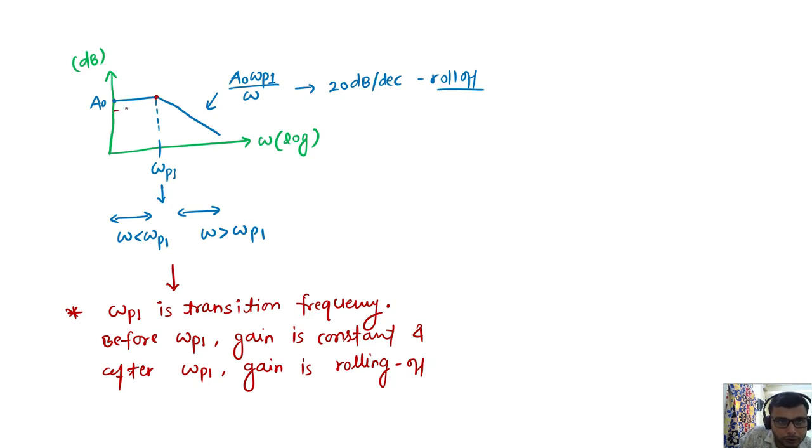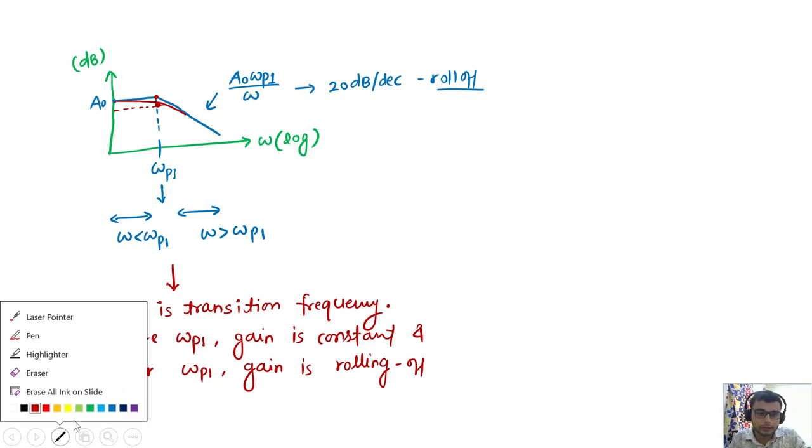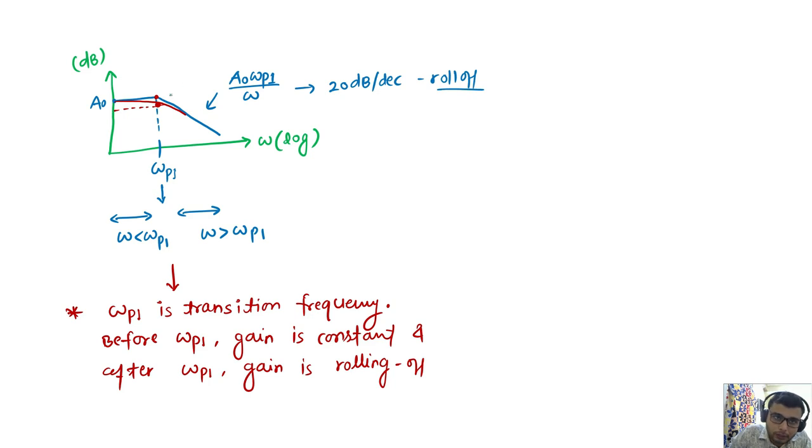Somewhere here, on an ideal scale, or on a practical scale, it is like that. Somewhere here is my 3 dB frequency. This is my 3 dB down. So omega p1 is nothing but the frequency of transition.